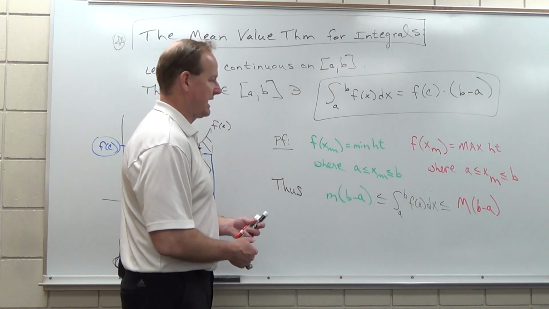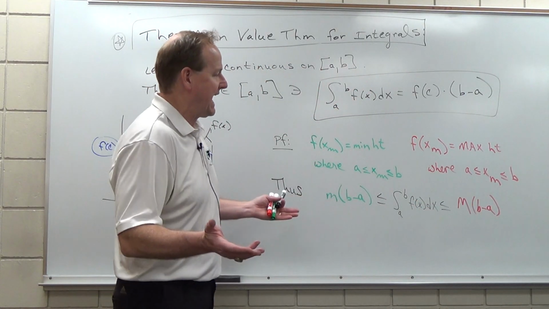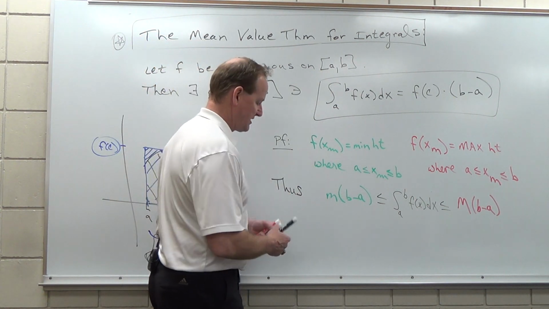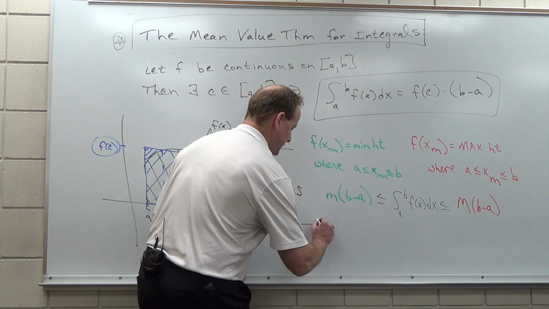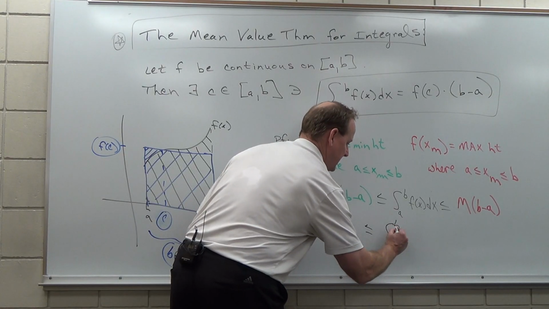So then what can I do now? I could divide everything through by b minus a. Of course, a can't equal b or you wouldn't have any interval, right? So b is bigger than a, so it's just some positive fixed number. So what I could do is divide everything through by b minus a.